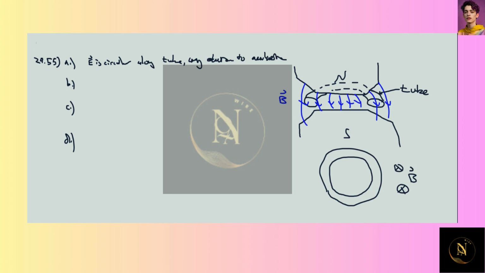For the electrons to move in a circle, the magnetic force must provide a centripetal acceleration, which needs to be pointing in. So that means this needs to be the F_B at all points. And this is one way it could be going, or this is the other way.